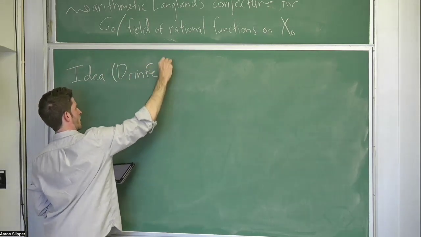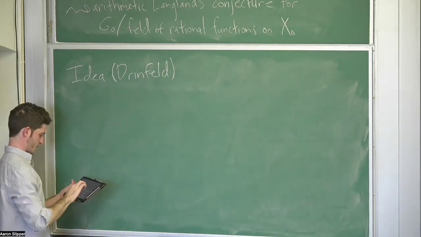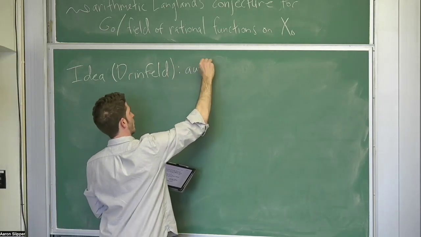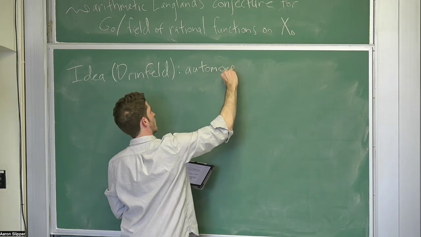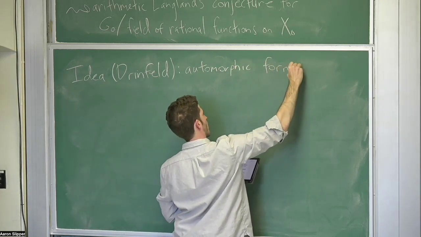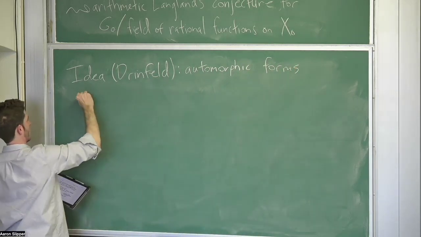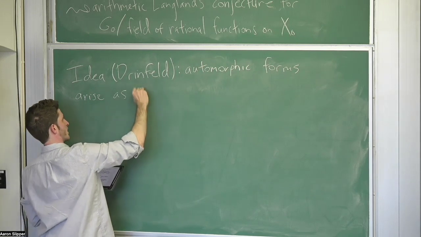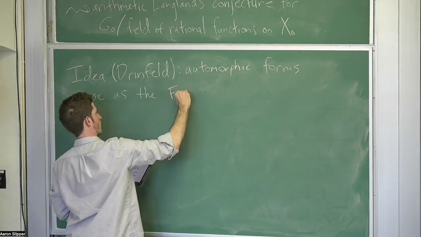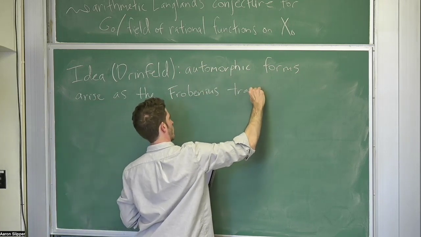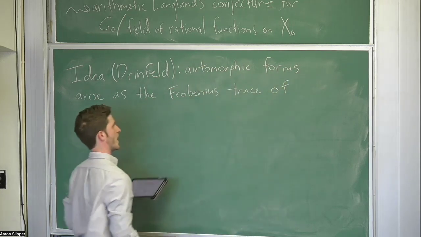So like many, probably most things in this talk, this is ultimately Drinfeld. So automorphic forms should arise as the Frobenius trace of automorphic sheaves.